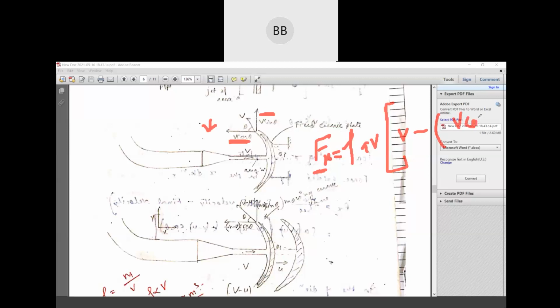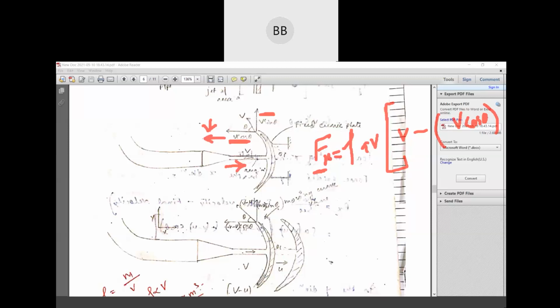So V cos θ. Now as your initial velocity V is in the x direction, and we consider it to be positive, your V cos θ is in the opposite direction.